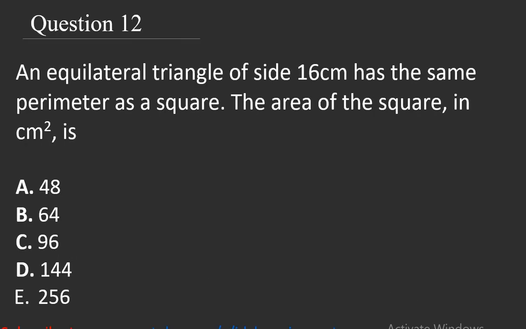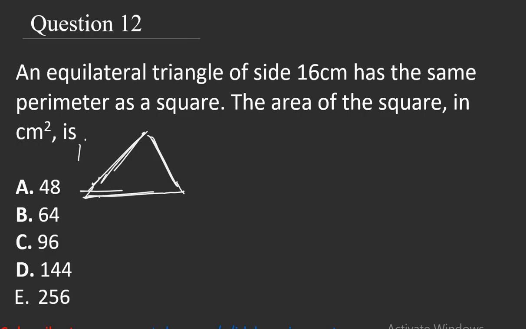Question 12. This is an interesting question. The question says, an equilateral triangle of side 16 cm has the same perimeter as a square. The area of the square in centimeter square is what? You know that for an equilateral triangle, all the sides must be equal.